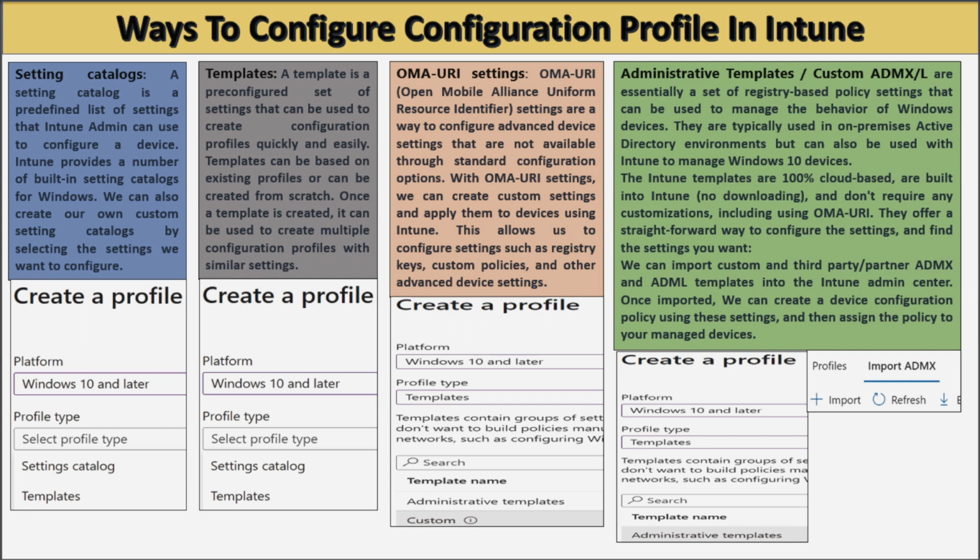The Intune templates are 100% cloud-based and are built into Intune and do not require any customization, including using OMA-URI. They offer a straightforward way to configure the setting and find the setting you want.